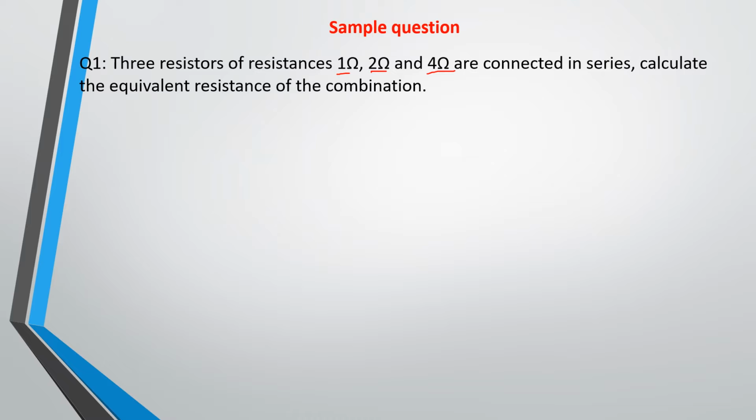So what they're asking you to do here is to calculate the overall resistance, or the effective resistance. So you have that R1 is equal to 1 ohm, R2 is equal to 2 ohm, and R3 is equal to 4 ohm.